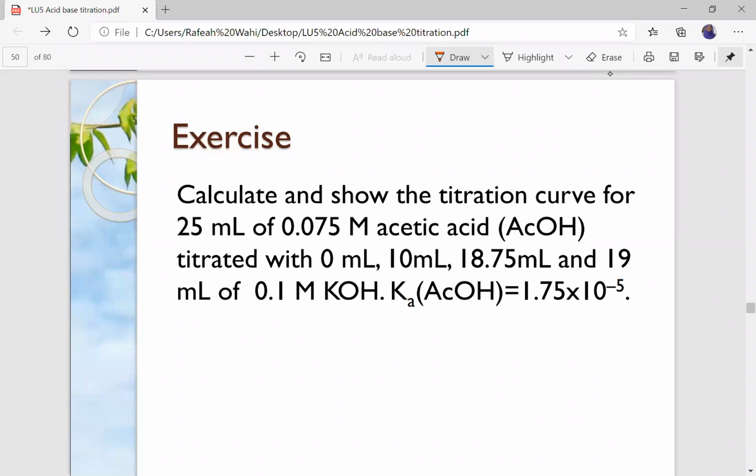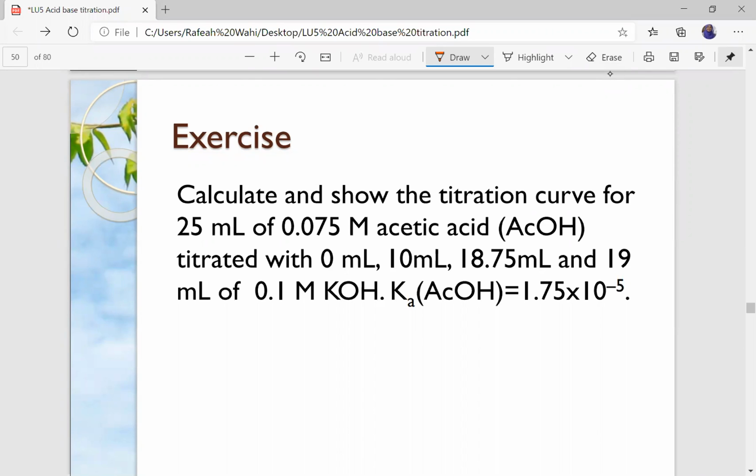Now, if you look at the exercise given here, you can use the same approach as we have discussed just now. The question is asking you to calculate and show the titration curve for titration between acetic acid and KOH, which is potassium hydroxide.